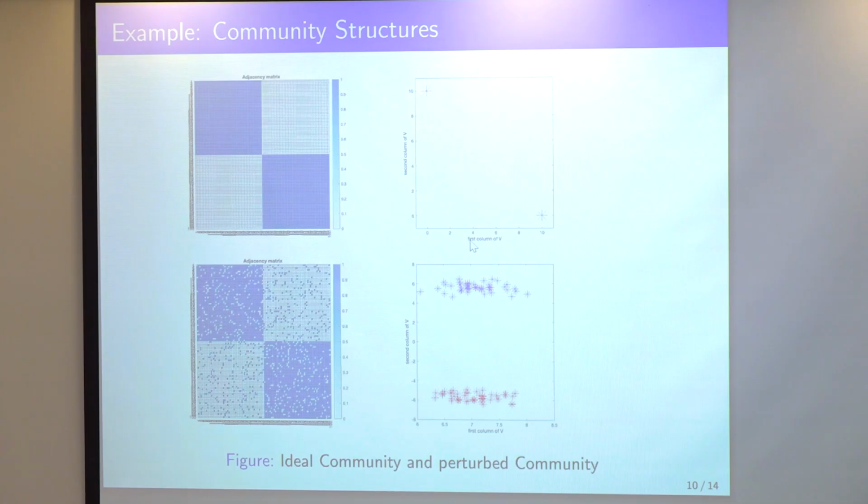If we plot those coordinates, we find the nodes inside this group are just one point in R2, and this point represents all the nodes in another group. If we add some noise, we can still see two separate groups in R2, and then we can apply any clustering algorithm in the Euclidean space.